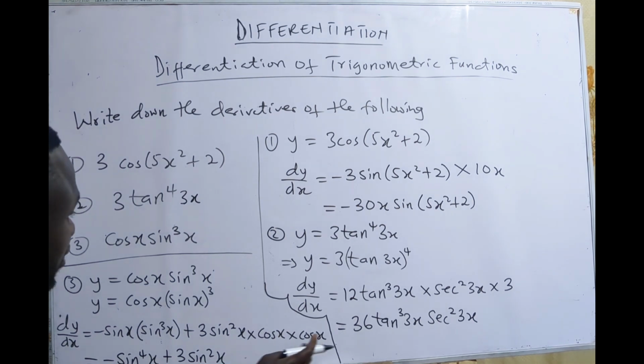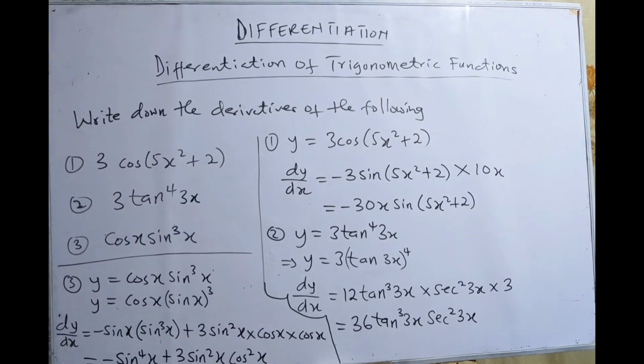Then I have cos x times cos x, because this is cos x, which gives cos square x. So we have minus sine exponent 4x plus 3 sine square x cos square x. So this becomes my answer. You see, it's not anything difficult. Alright.